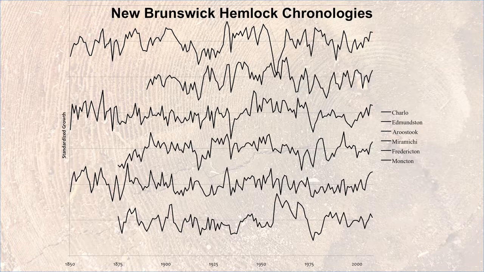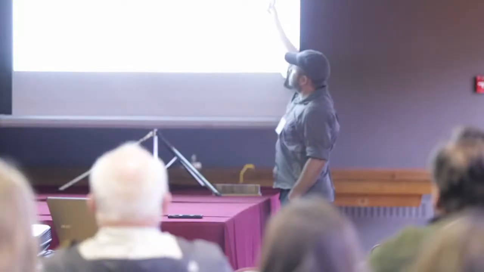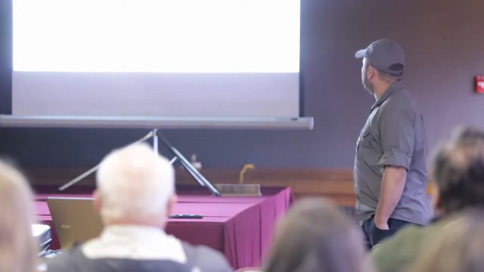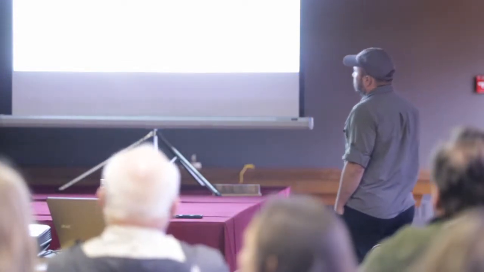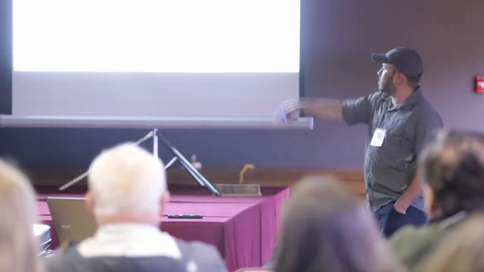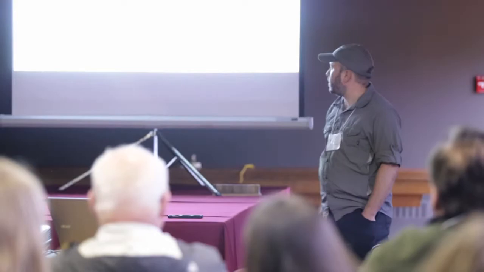I just want to throw up some examples of chronologies produced from live trees in New Brunswick. There are 6 sites here, basically making a circle around New Brunswick, with some northern sites, some mid sites, and some more southern sites. These are all Hemlock chronologies. Some of them are quite young, only going back just over 100 years, some are much longer. I've cut them off at 1850 here.